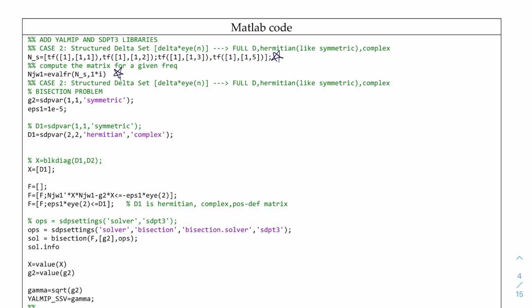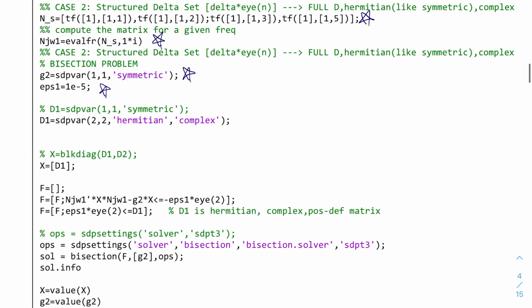Here again, our transfer function and our n complex matrix. Again we define our bisection gamma square, and again epsilon for numerical accuracy, or numerical requirements, and x is D*HD, right?